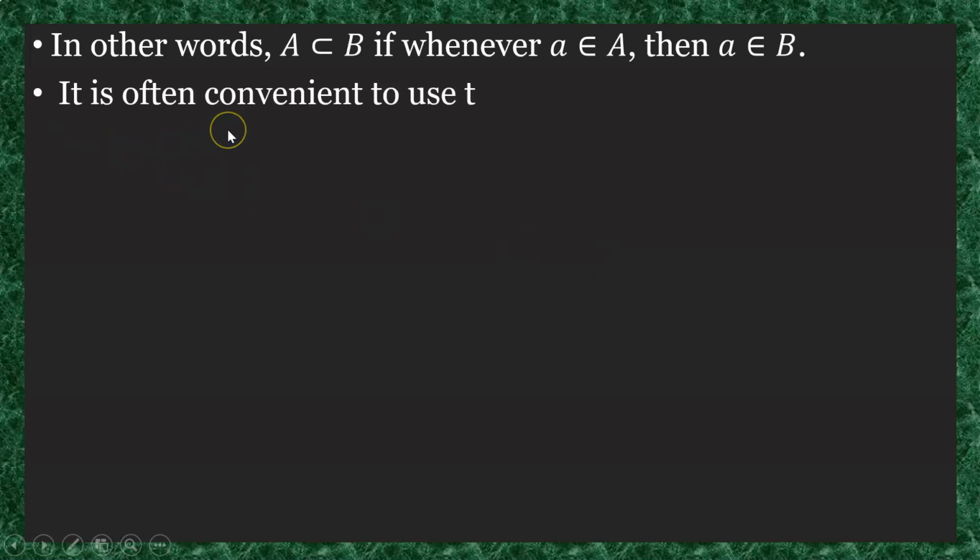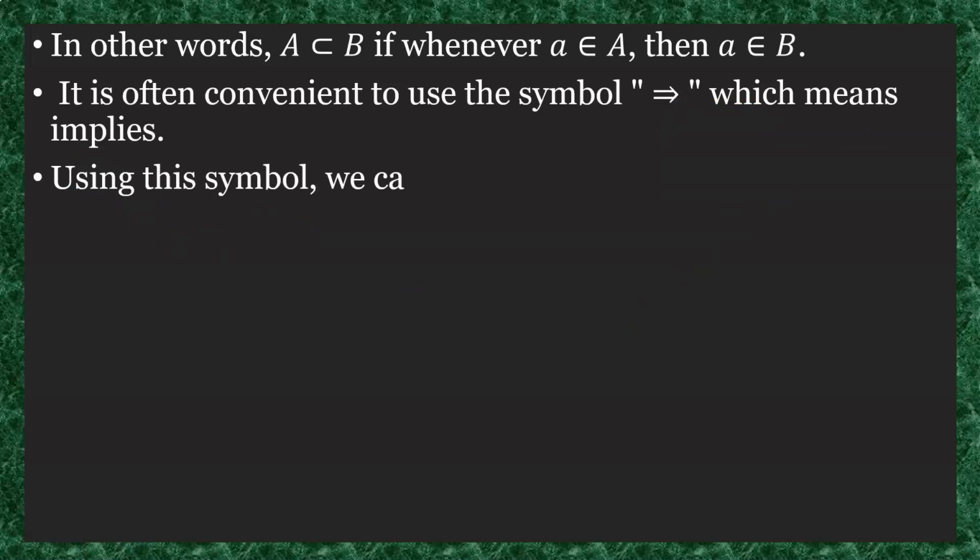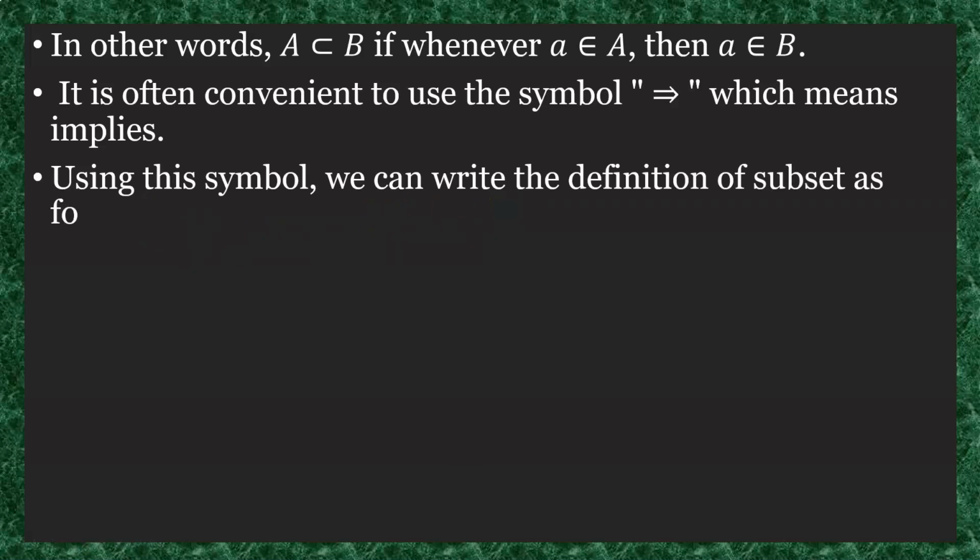It is often convenient to use the symbol ⇒, which means implies. Using this symbol, we can write the definition of subset as follows.